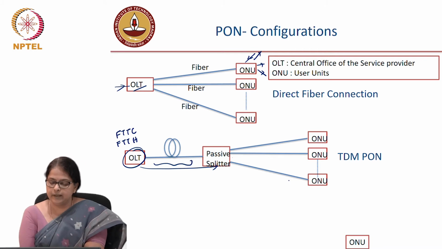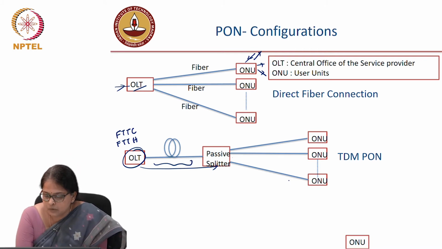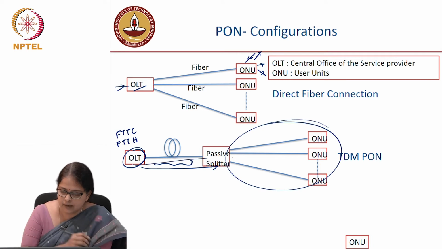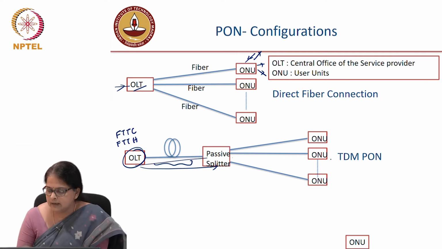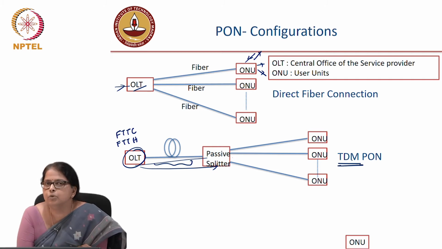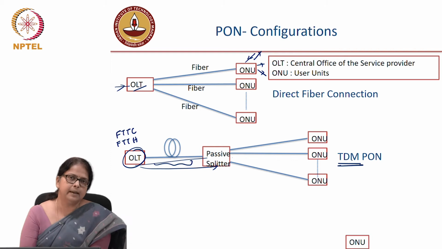Now, this is a configuration where multiple ONUs are using the services of one OLT, and here you are doing time division multiplexing to make use of the fiber bandwidth. So this is a TDM PON.